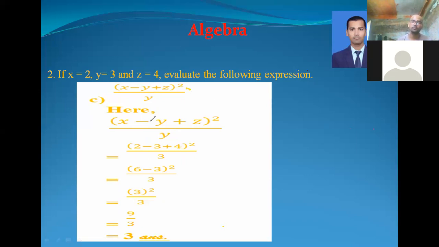So while replacing the values, the value of x is 2. The same way, value of y is 3 here. Value of z is 4 here. Similarly, the value of y is 3 here as denominator.